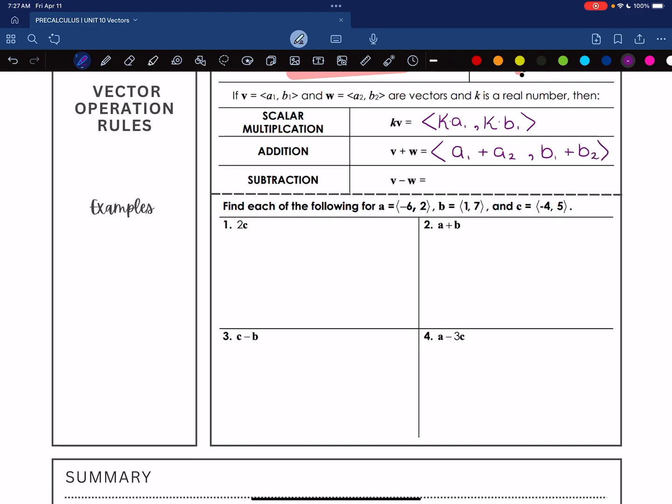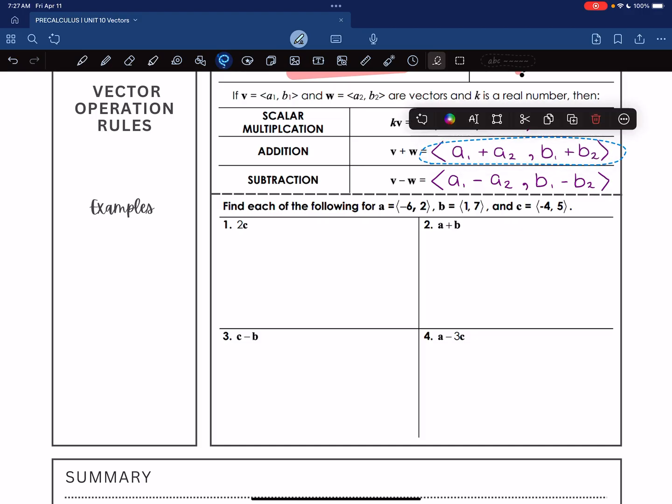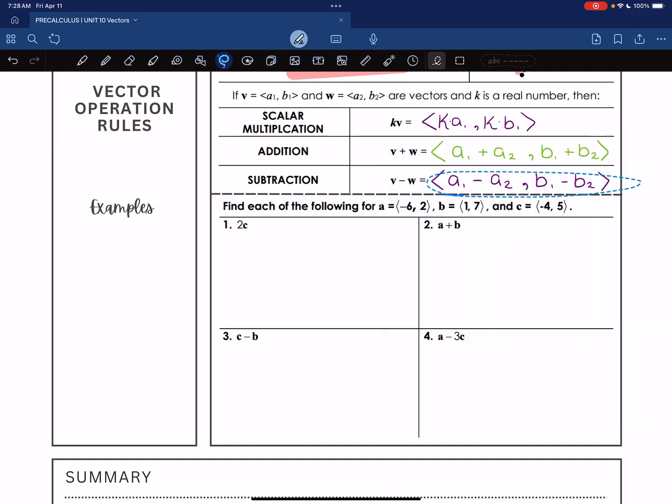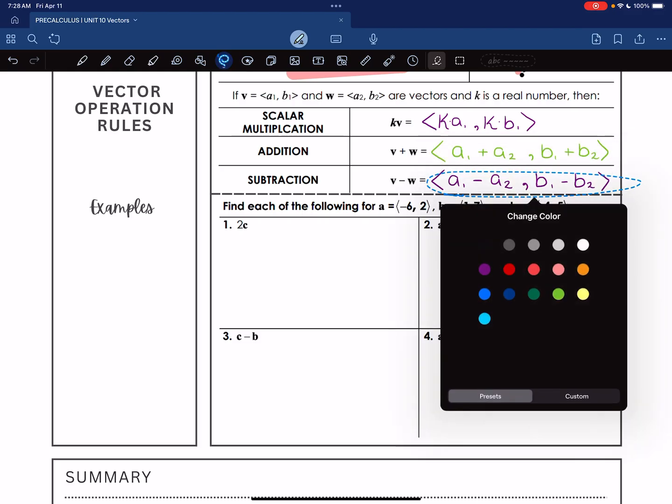And if instead you're subtracting, then what you would do is you take your two horizontal components and subtract them, and your two vertical components and subtract them. All right, just doing a color match for what we had above.